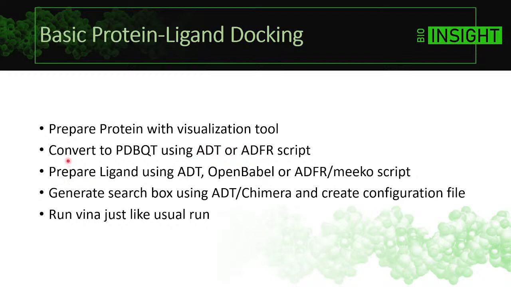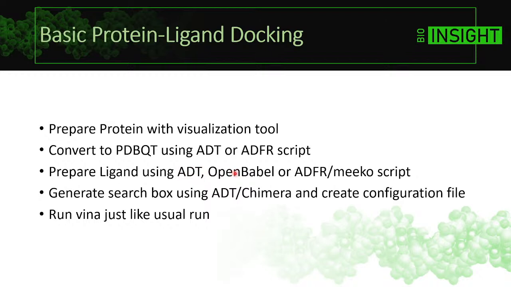Right. Once you convert your protein into the PDBQT file, that is one input that we require. Next we need the ligand molecule, so we need to prepare the ligand. Again, we can use either the AutoDock Tools graphical interface if you are comfortable with that, or you can use OpenBabel if you have lots of different molecules to be converted at the same time, because doing them one by one in ADT might take some time.